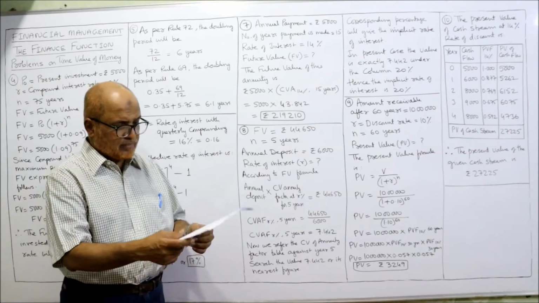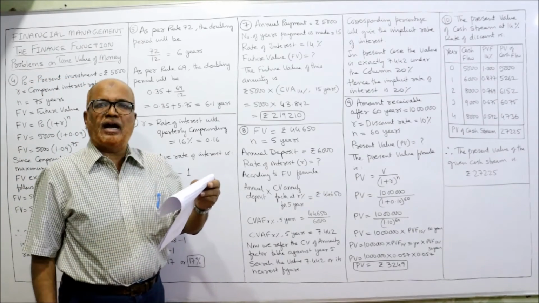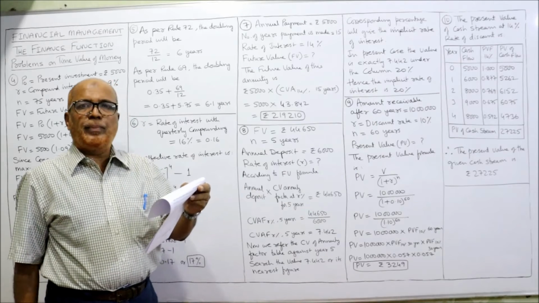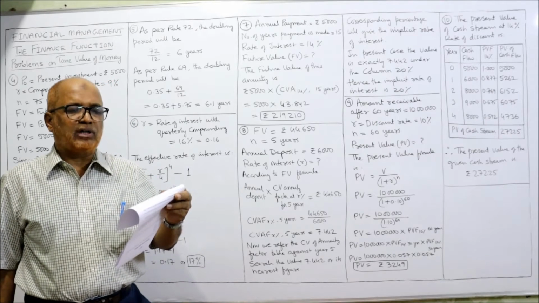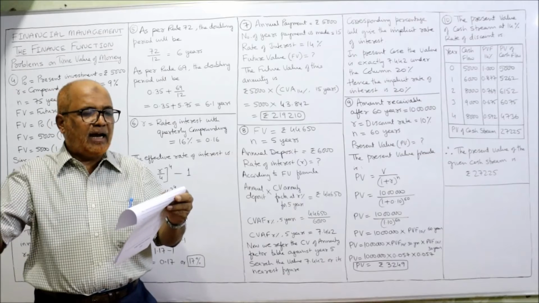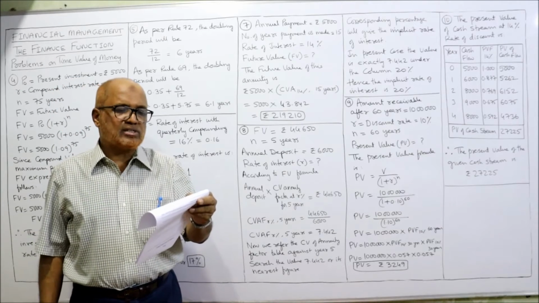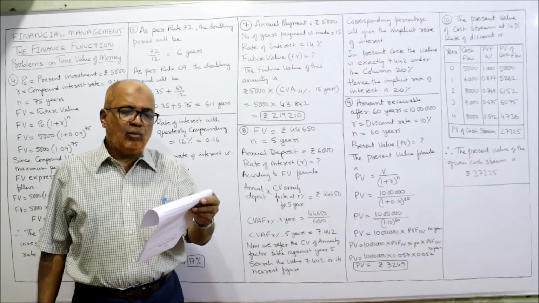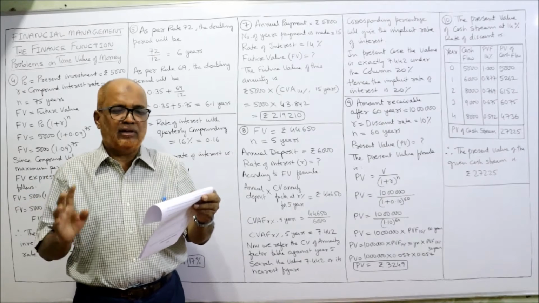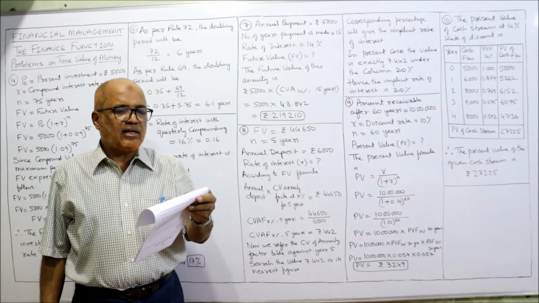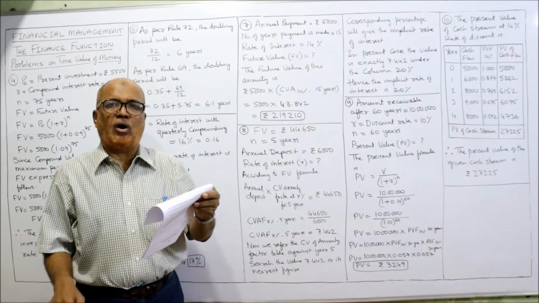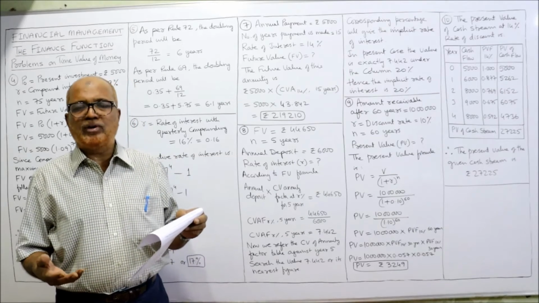Problem number 8. A finance company advertises that it will pay a lump sum of rupees 44,650 at the end of 5 years to investors who deposit 6,000 annually for 5 years. What is the interest rate implicit in this offer? The rate of interest we have to find out.